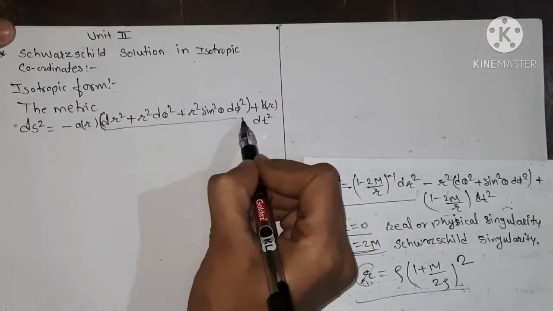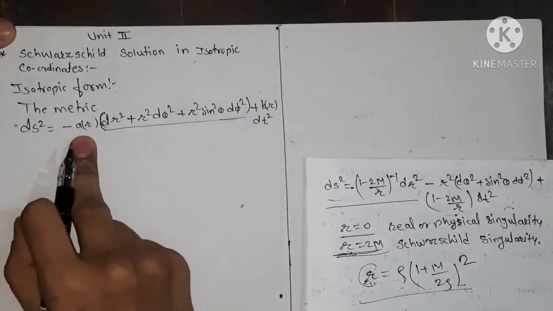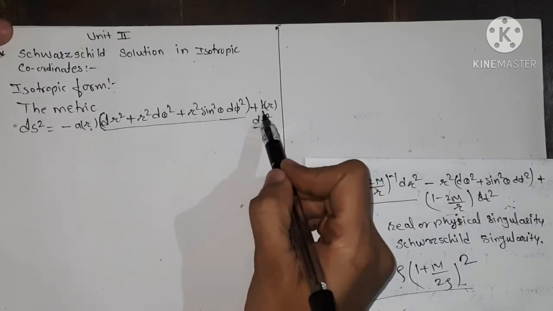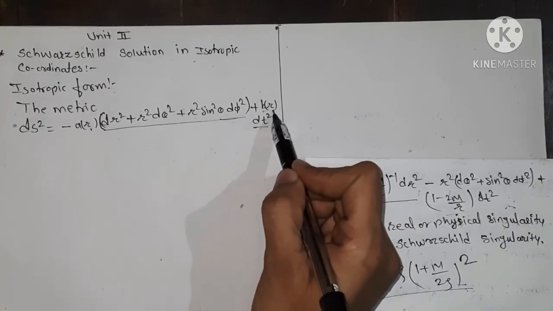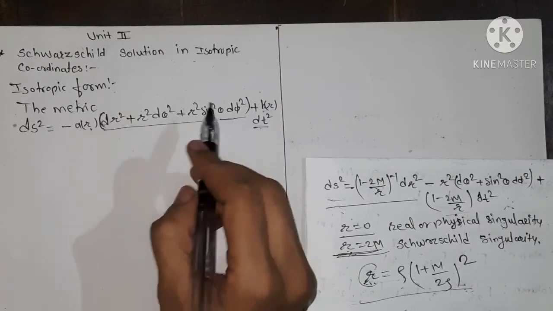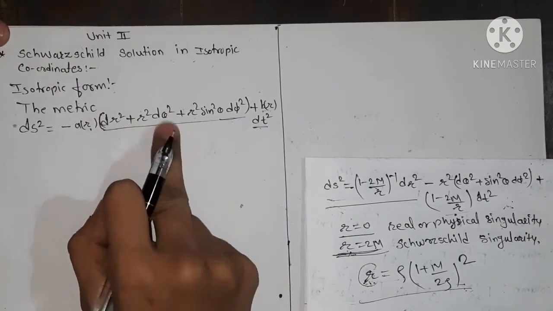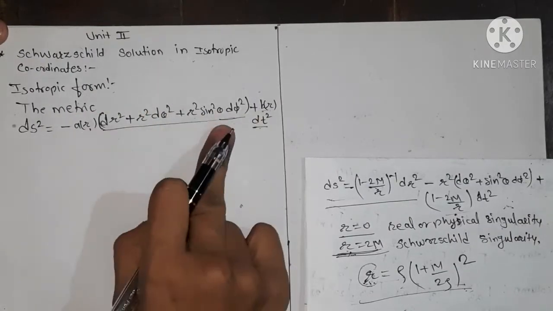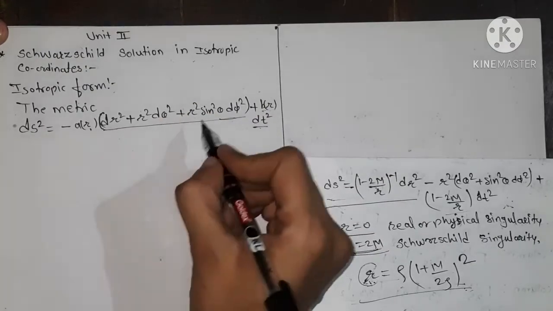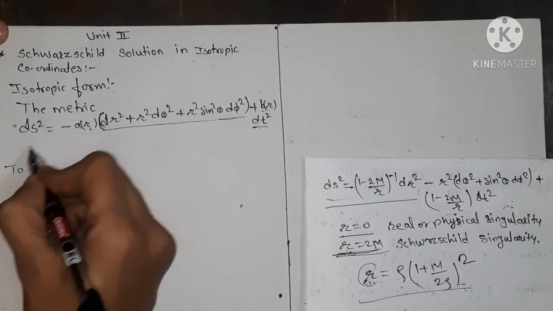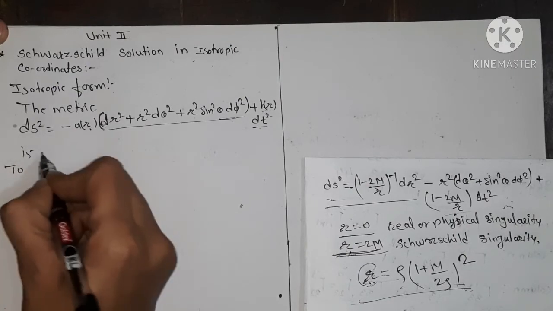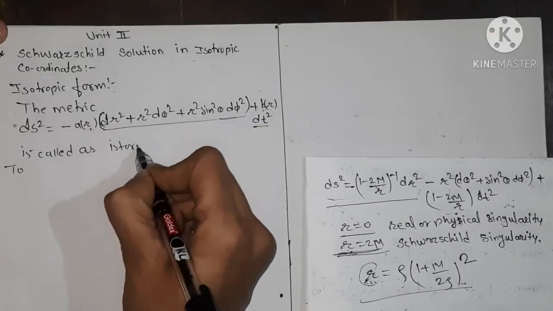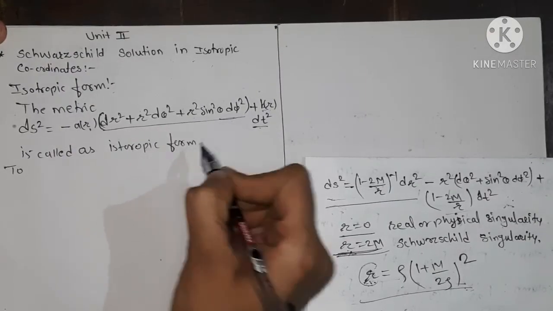That is, outside this bracket we have the term a in terms of the radial coordinate, and the coefficient of dt² is also in terms of the radial coordinate. So this is called the isotropic form of a line element.